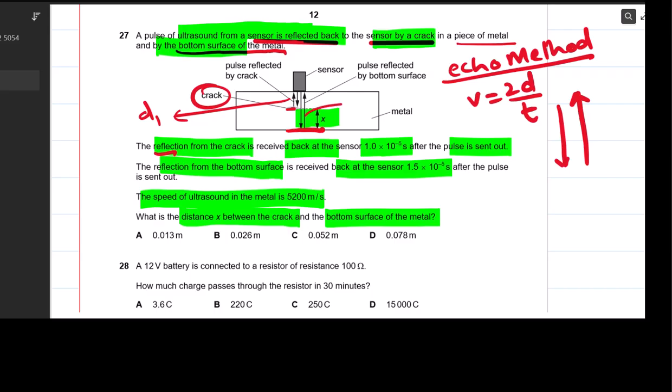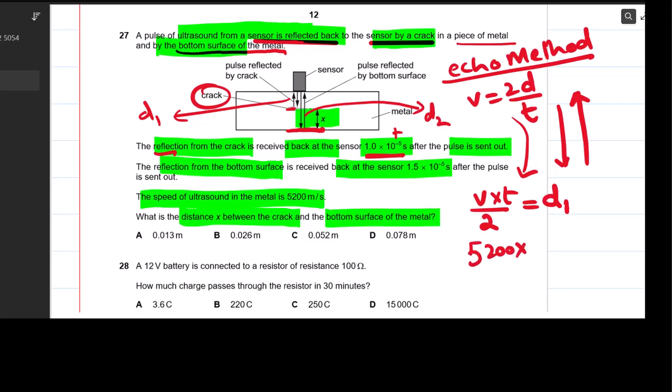This will be d2, and then we will take the difference. So I set this equation this way: v × t / 2 = d1. So substitute the values. This is going to be the time for d1. So 5200 × 1 × 10^-5 / 2 = d1. So d1 is equal to, let me calculate this.